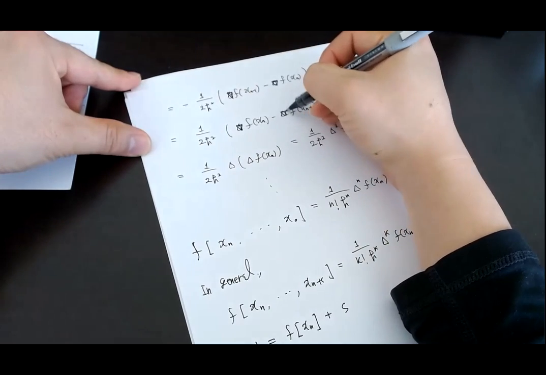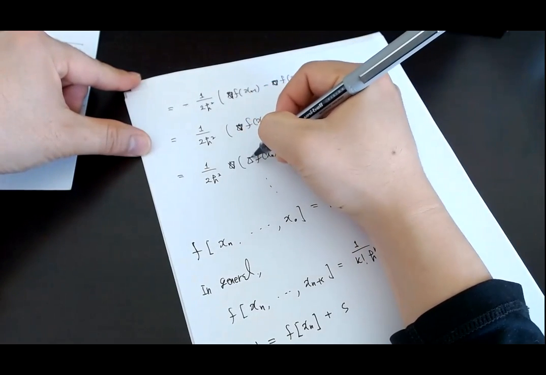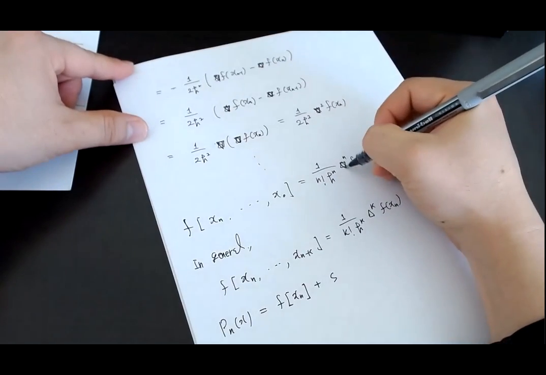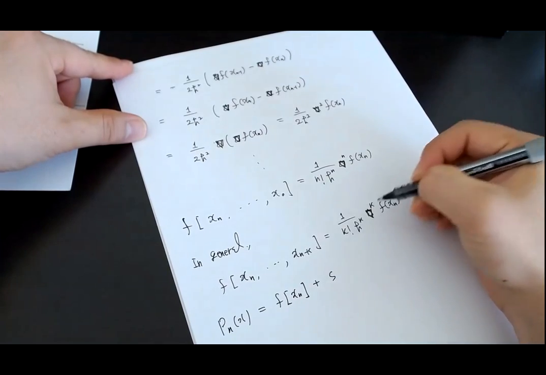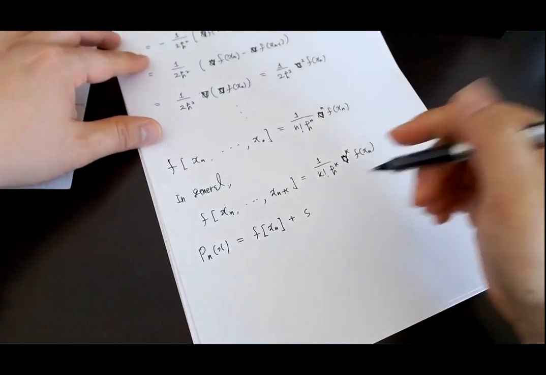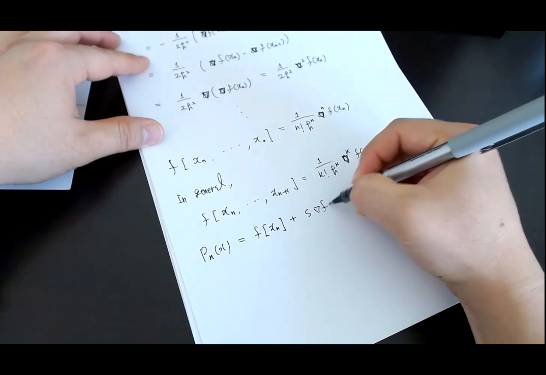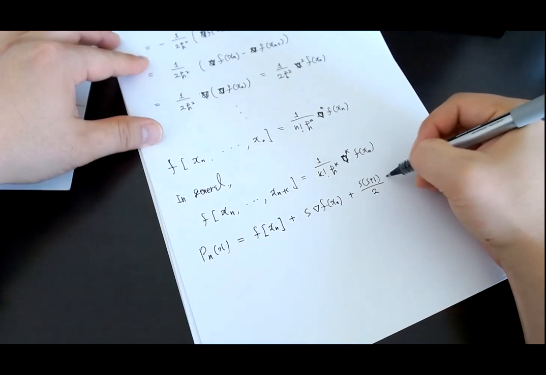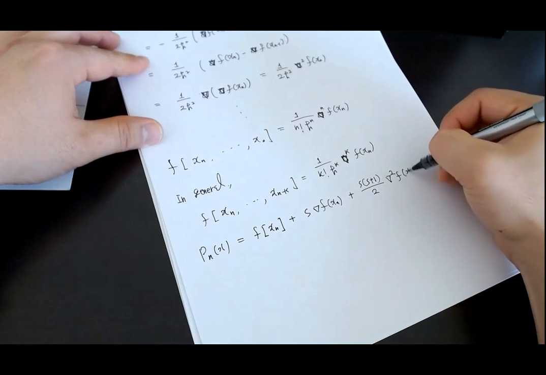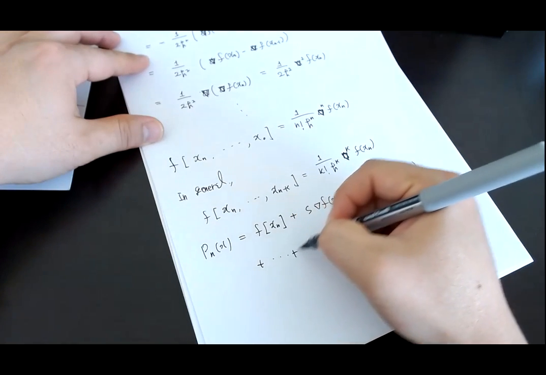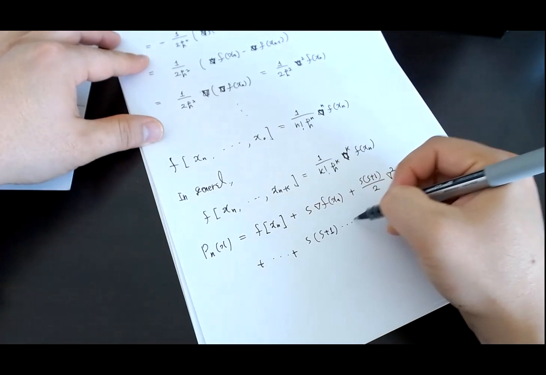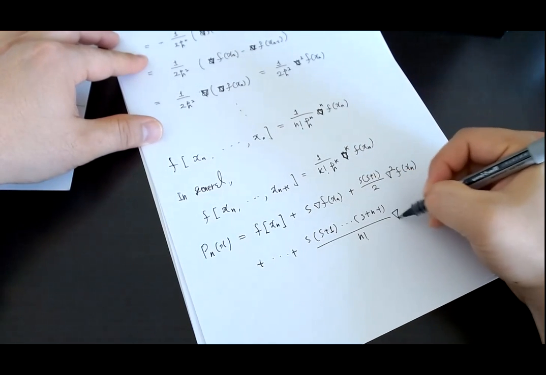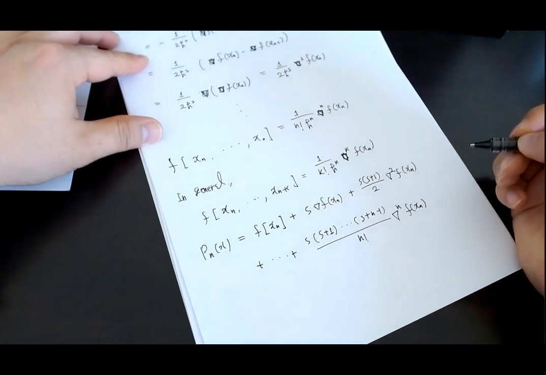Sometimes I always confuse nabla and delta. So this is nabla, s times nabla f of x_n plus s times (s plus 1) over 2 nabla squared f of x_n plus through s times (s plus 1) through (s plus n minus 1) over n factorial nabla to the n-th power f of x_n.